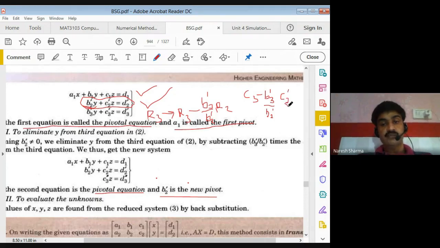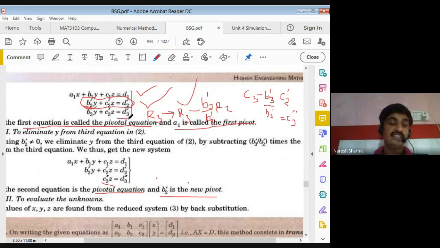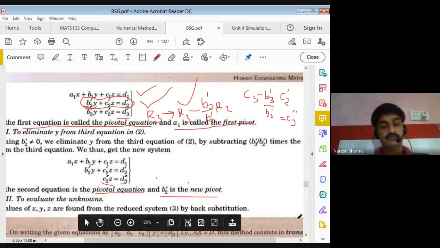And we just assume this by a new name, that is C3 double dash. So this is your new element, new coefficient in your third row. Same operation you can apply on your D3 dash, that becomes your D3 double dash.